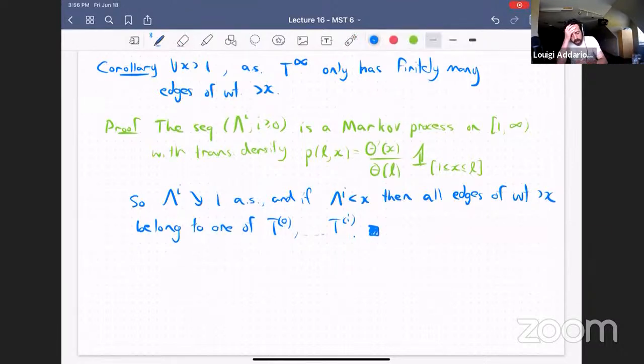So the exercises I'd like to leave you with now. You can actually describe not only the sequence of edge weights, but you can also describe the sizes of the trees quite explicitly.